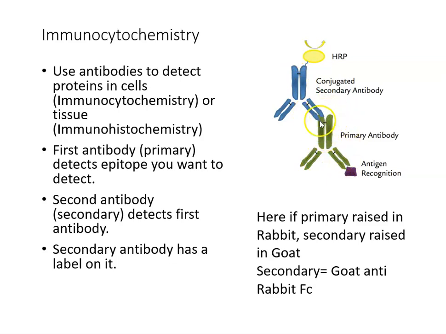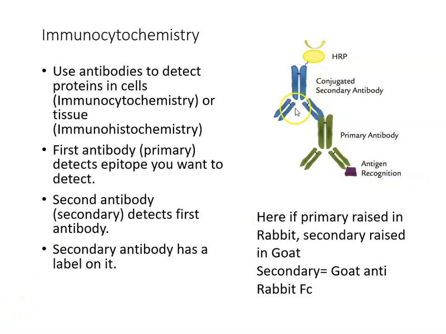So what we could do is take the Fc portion of a goat immunoglobulin, inject that into a rabbit, extract the antibodies that recognize goat Fc from the rabbit, and then apply that antibody at this point, and it will bind wherever the primary antibody has bound.